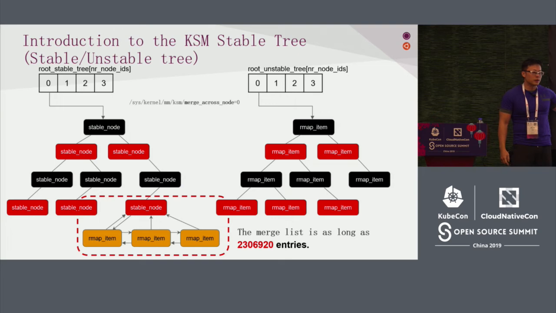The linking list has over 2 million entries. And if you want to migrate a page of 2.3 M, we need to send IPIs, and there are so many complicated steps.